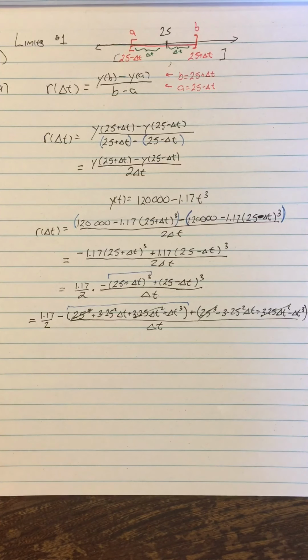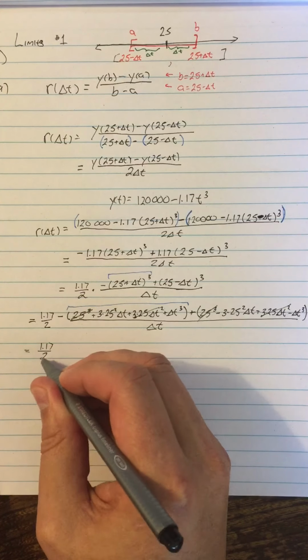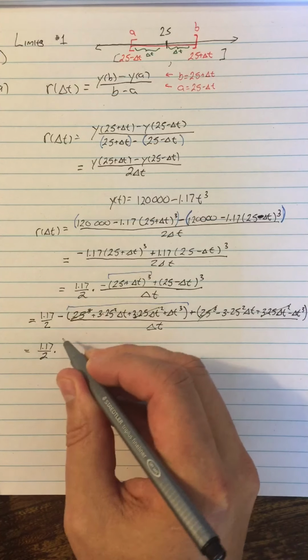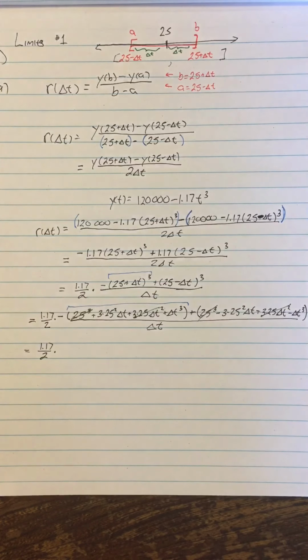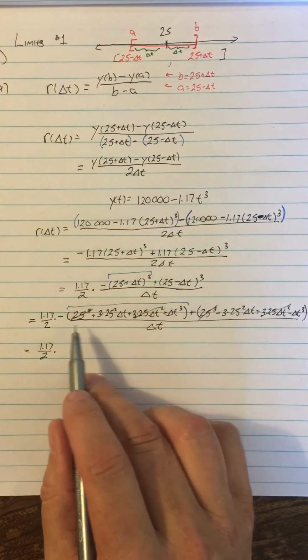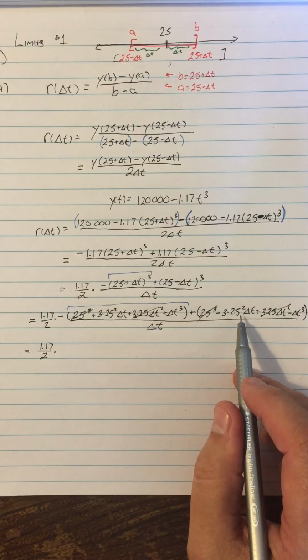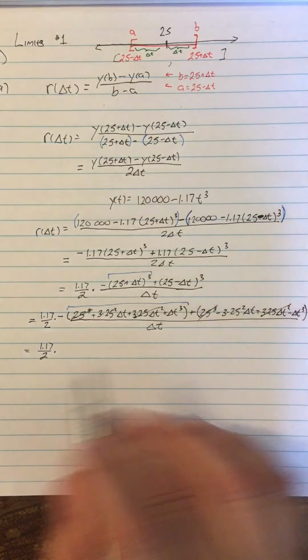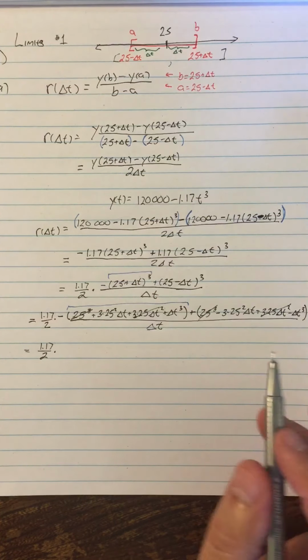So these are the only ones you're really going to have. All right, so how else can we simplify this? Let's go ahead and keep our 1.17 over 2 times, and then we have negative this stuff up here. So let's think about how that's going to go. I'm going to have negative 3 times 25 squared delta t minus 3 times 25 squared delta t. I can put that in my calculator and do 3 times 25 squared plus 3 times 25 squared or something like that.